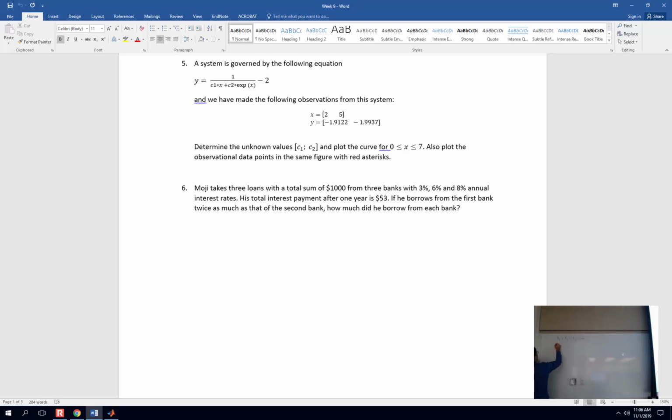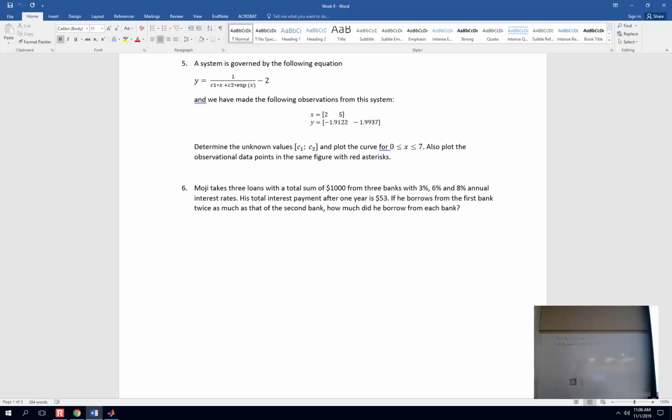So 0.03 times x1 plus, what's the interest rate? 6. 0.06 of x2 plus, is that 8? 0.08 times x3 is equal to $53.